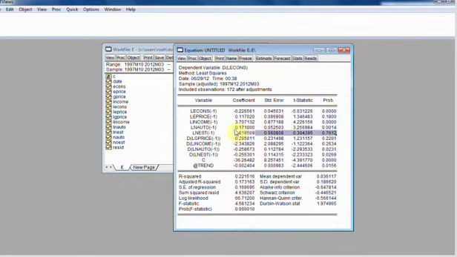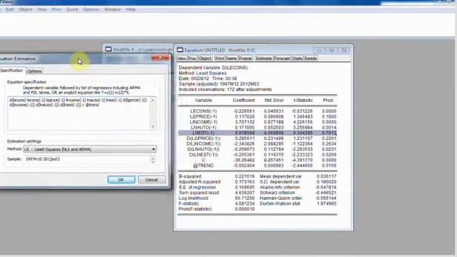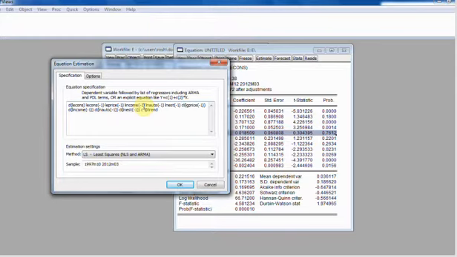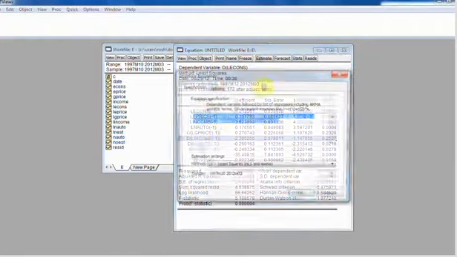Now I have the next one, L nest, number of E fuel stations. Oh, sorry, L nest itself, not the difference. I shouldn't make a mistake. So okay, now I have my values, many of them have become significant now, I can see. Now DL income this time.